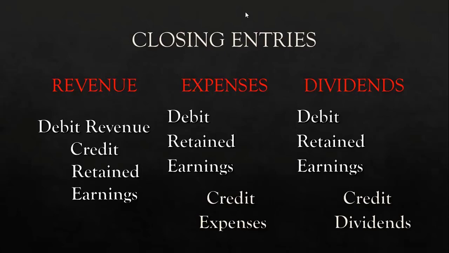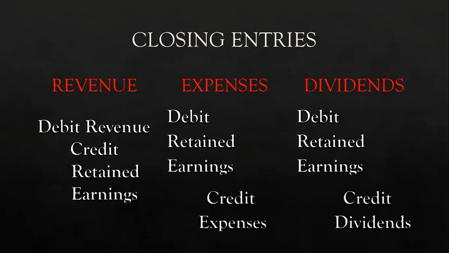Questions on those? I have a question on the revenue, how about the sales discount? Do we need to debit it or credit it? If there were a problem, I know on the final, when I make you do the closing entries, you don't have sales discount, sales return, or sales allowances, but those normally have debit balances.